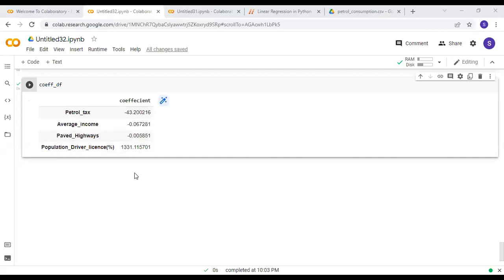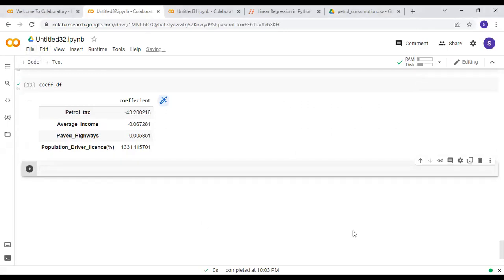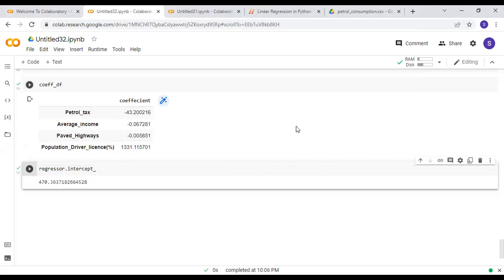Right. So what will be the intercept? For the intercept value, I will write regressor.intercept_. So I'm getting the intercept value.